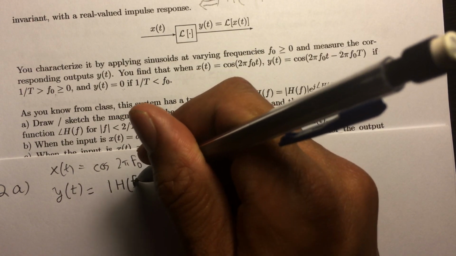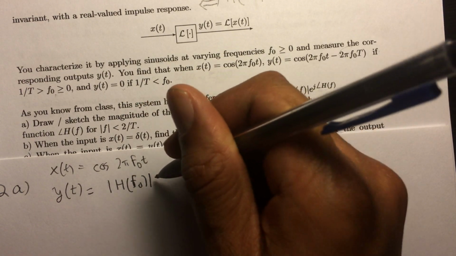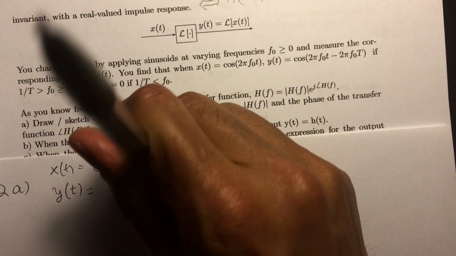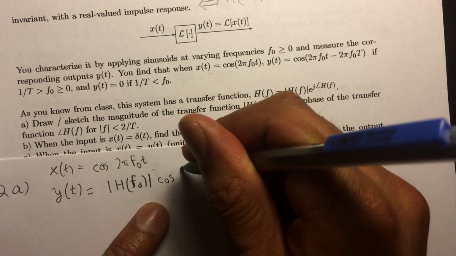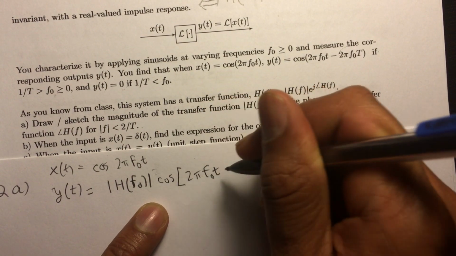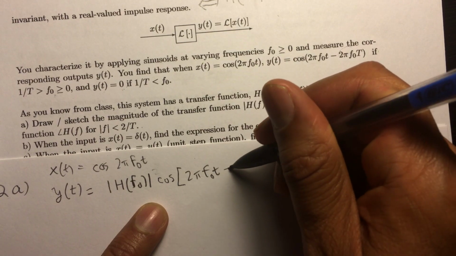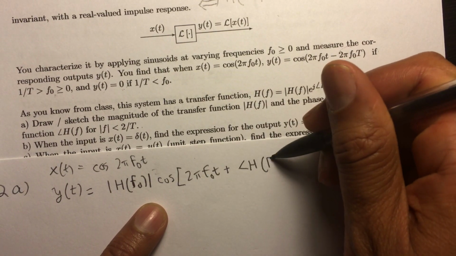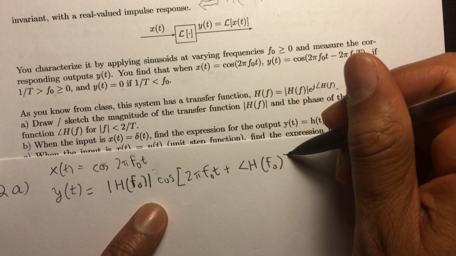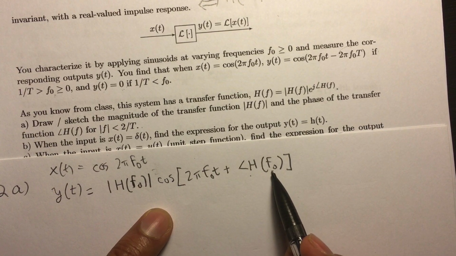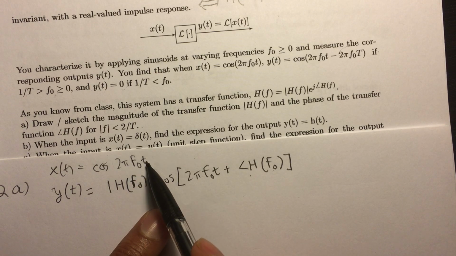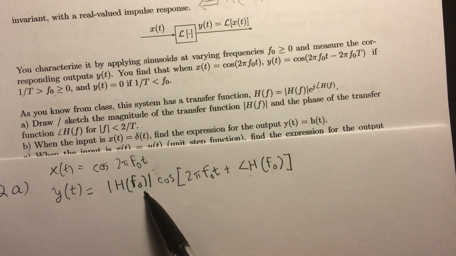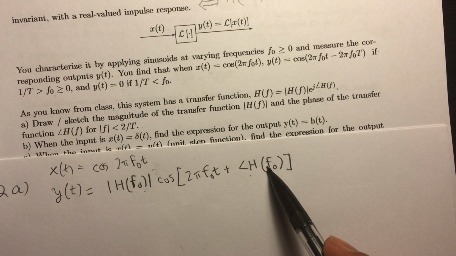One is we have the amplitude of the sinusoid scaled by the magnitude of the transfer function. The frequency of the sinusoid does not change, so f naught again. And then we also have this phase shift, given by the phase of the transfer function evaluated at the frequency of the sinusoid. So this has frequency f naught, and that defines the amplitude scaling and the phase shift.